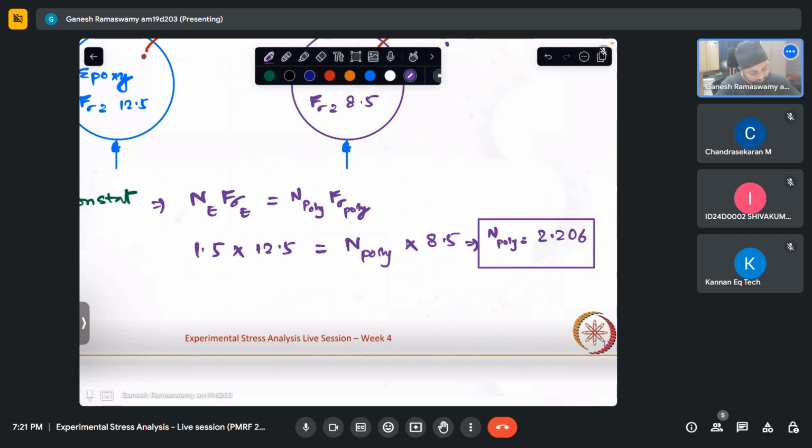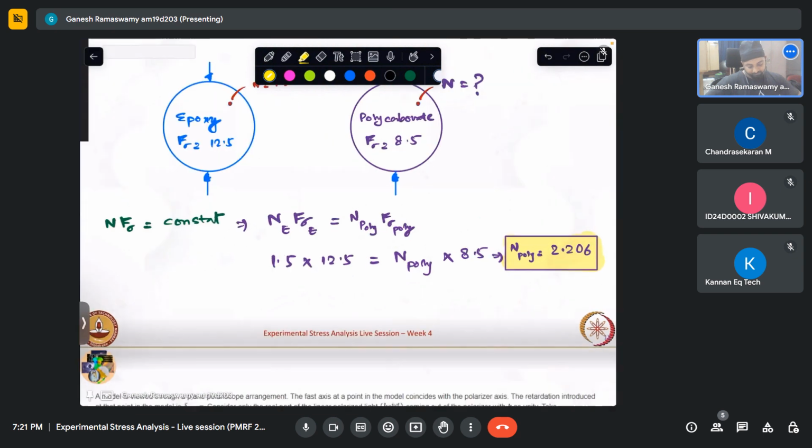So this will be the fringe order if we change, keeping everything same, just the material to polycarbonate. The fringe order there will be 2.206. Why? Because stress would have to be the same. Since F sigma is different, the fringe order has to adjust to that to maintain the same stress. So I hope that is clear.